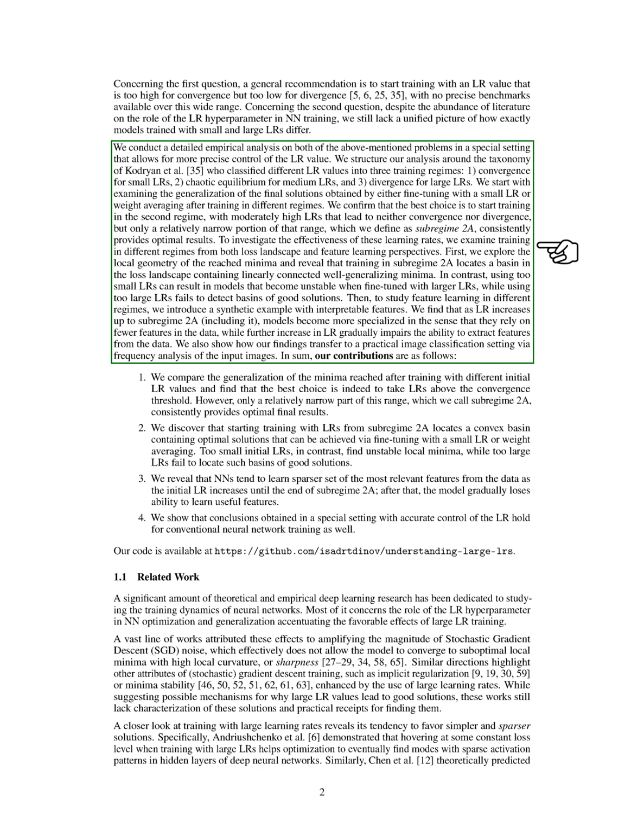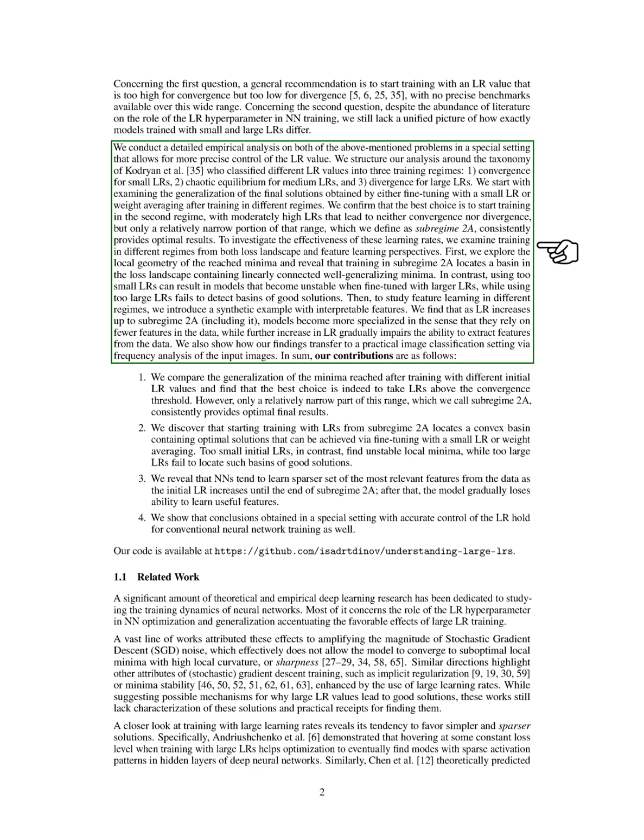We also demonstrate that our findings apply to practical image classification tasks through frequency analysis of input images. In summary, our contributions include comparing the generalization of minima reached with different initial LRs, confirming that starting with LRs above the convergence threshold is beneficial.